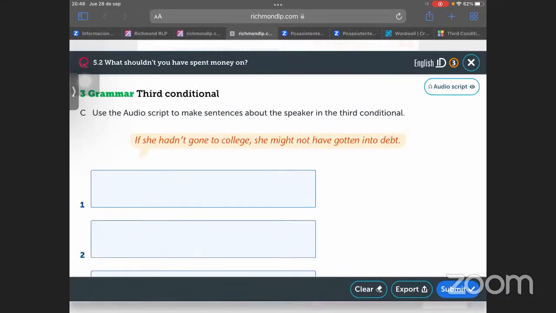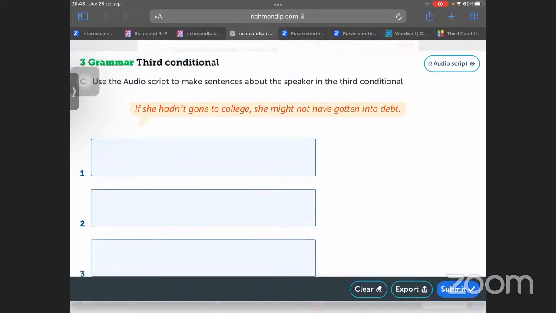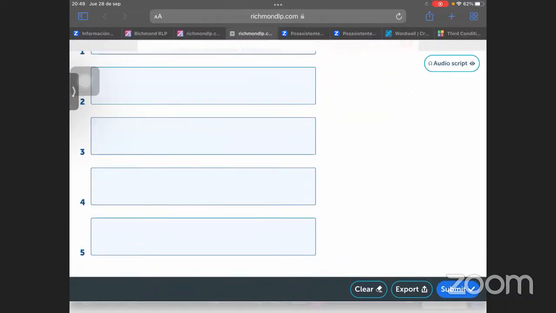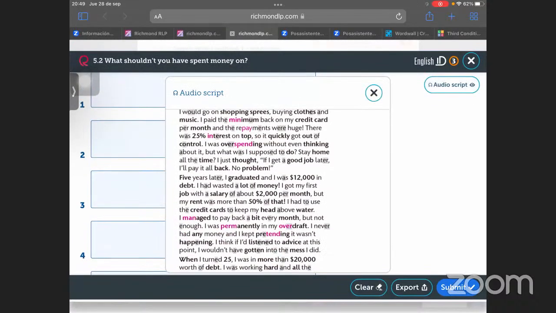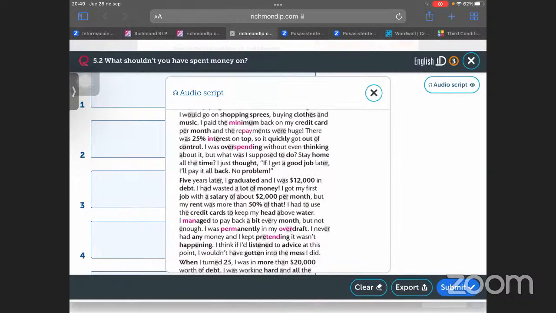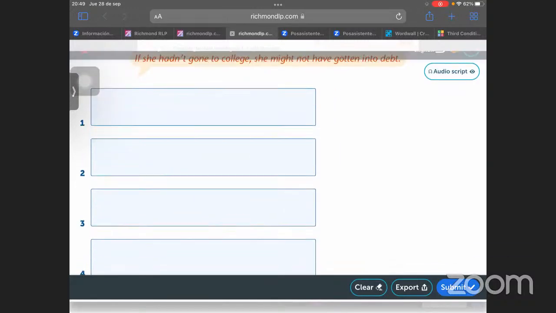Okay, it says, use the audio script to make sentences about the speaker in the third conditional. If she hadn't gone to college, she might not have gotten into debt. We are supposed to do it based on the audio script, but let's do this, please.